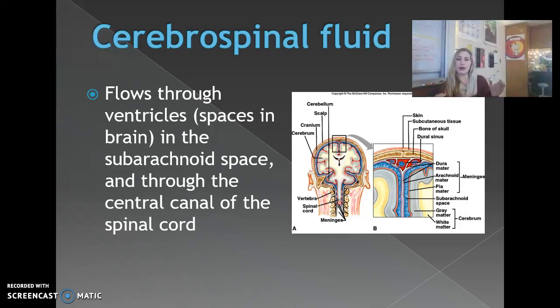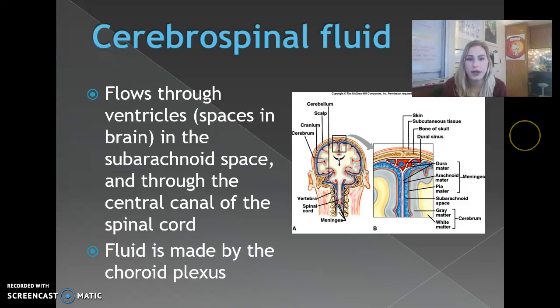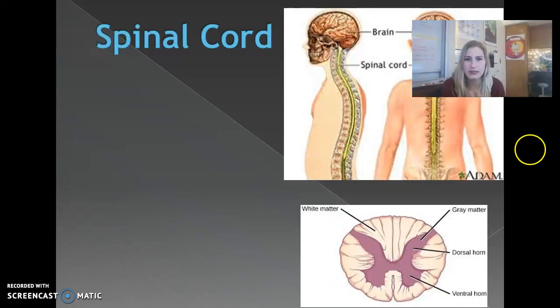Concussions are when your brain smashes up against one of the corners or sides of your cranium, and so the cerebral spinal fluid is supposed to be there not only for protection but also to allow for the brain to float and be suspended so that there is no pressure pushing up against it and not allowing it to work. The fluid is made by the choroid plexus. You really don't need to know that for the test.